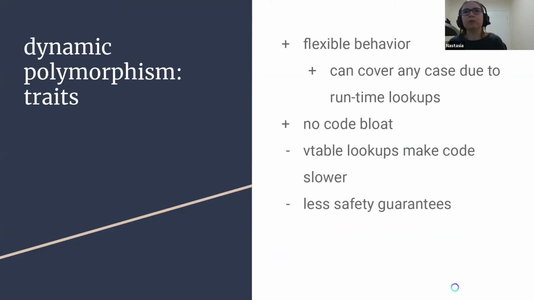And now dynamic polymorphism. If you want to implement something that's truly flexible and isn't generated during the compile time, you would be using traits, which could be familiar to you as a concept from other languages where they are called interfaces. A trait is basically a set of methods that have to be implemented, that have a certain signature, meaning that they take certain input and produce certain output.